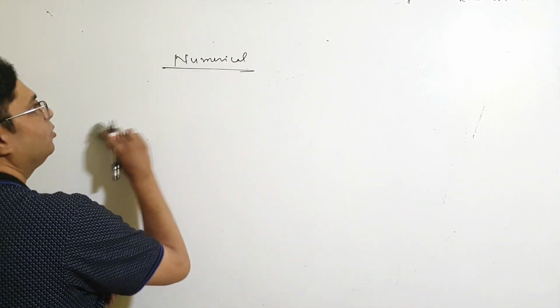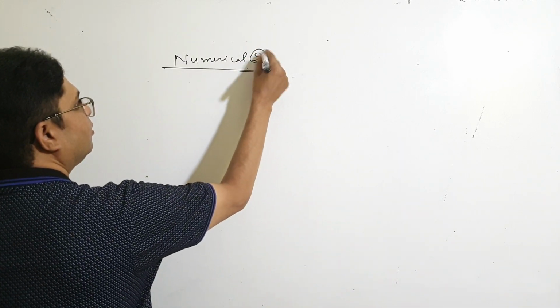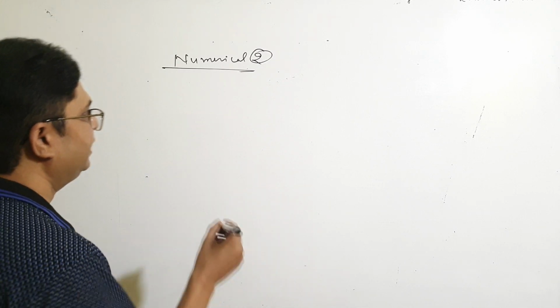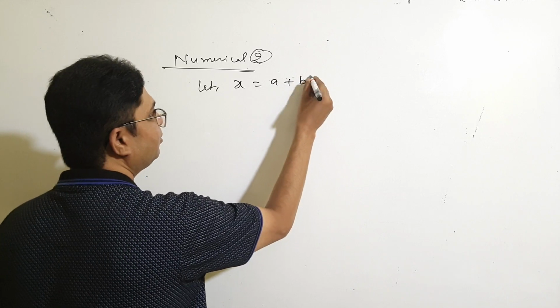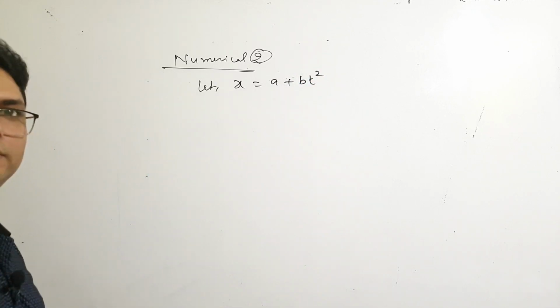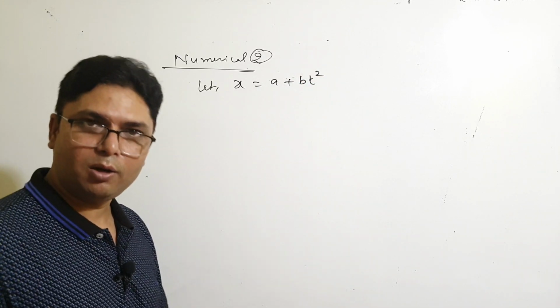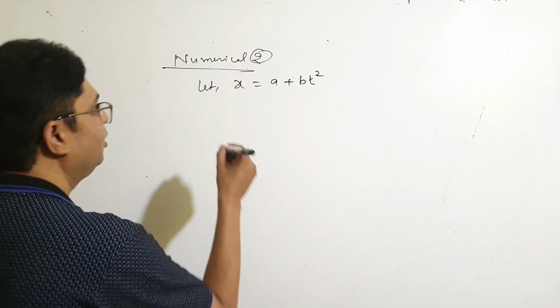This question, numerical number 2 from your book, says that let x equal a plus bt square, where a and b are constants and their values are given.